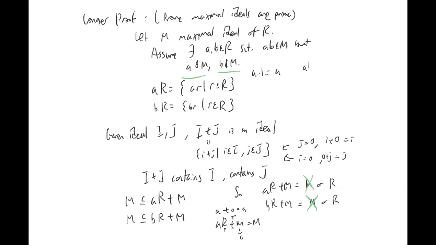Okay, so AR plus M is R, and BR plus M is R. But R contains 1, so there exist r1, r2. Because they're equal, there are some combinations. There's AR1 plus, I'll just say M1, so AR1 plus M1 is equal to 1, and BR2 plus M2 is equal to 1.